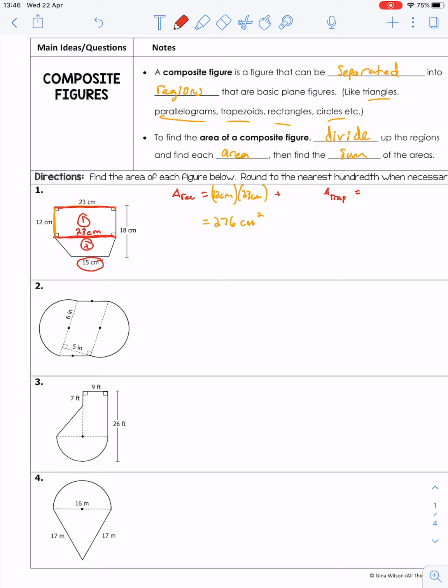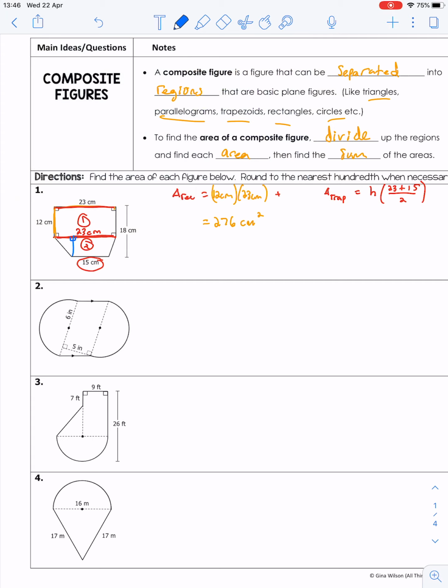So area of a trapezoid is the height times the bases averaged together, and we need to find the height now. So that's it. All we need to do is find the height, where it is perpendicular from one base to the other.